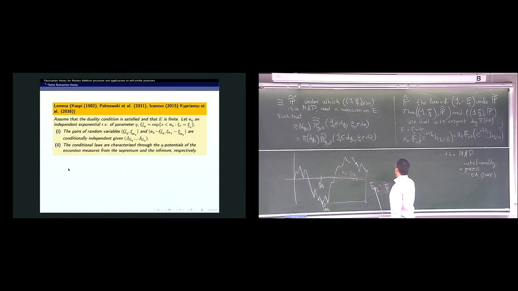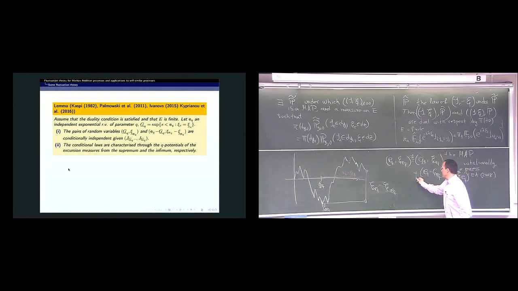In particular, we have that e_q and the position of the process at time e_q can be written as G_q, ψ e_q, plus e_q minus G_eq, and then ψ e_q minus ψ infimum e_q.